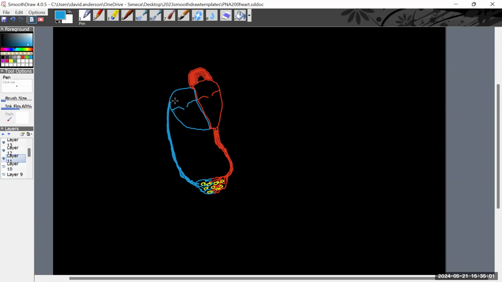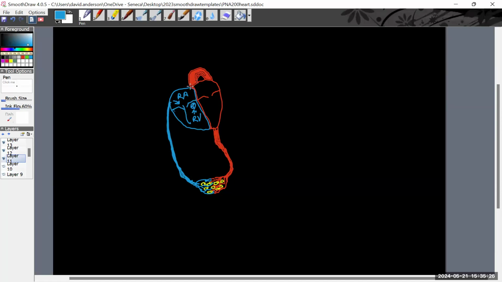Now we've returned blood to the right atrium. Okay, so this is our atrium and this is our ventricle. And the blood is going to enter the right atrium, ultimately enter the right ventricle through the AV valve and leave through the semilunar valve.